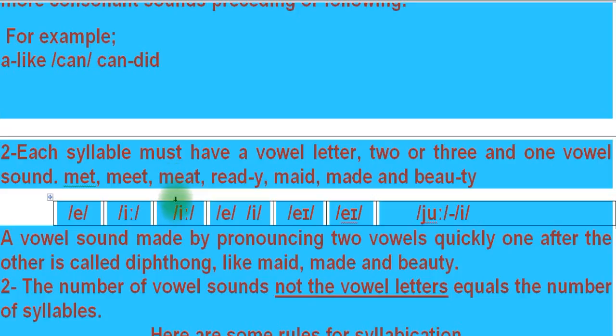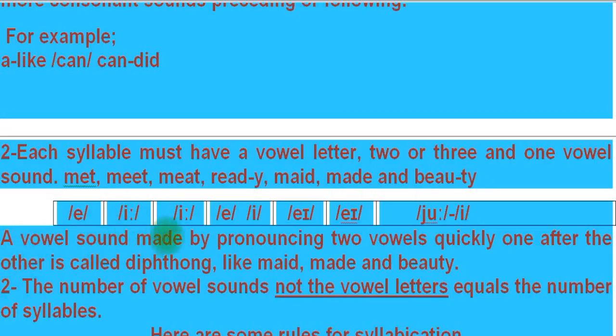Meet has E as a vowel sound. Red has E as a vowel sound, and ready. Made has A as a vowel sound, and beauty has U as a vowel sound.